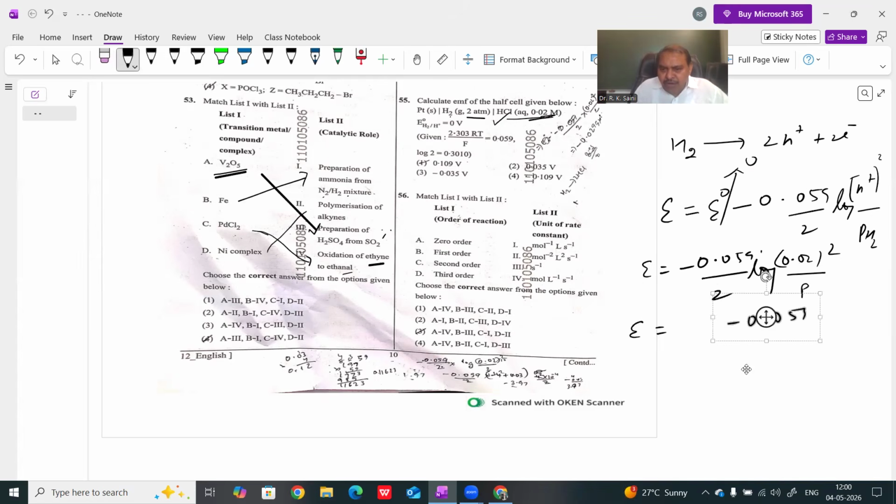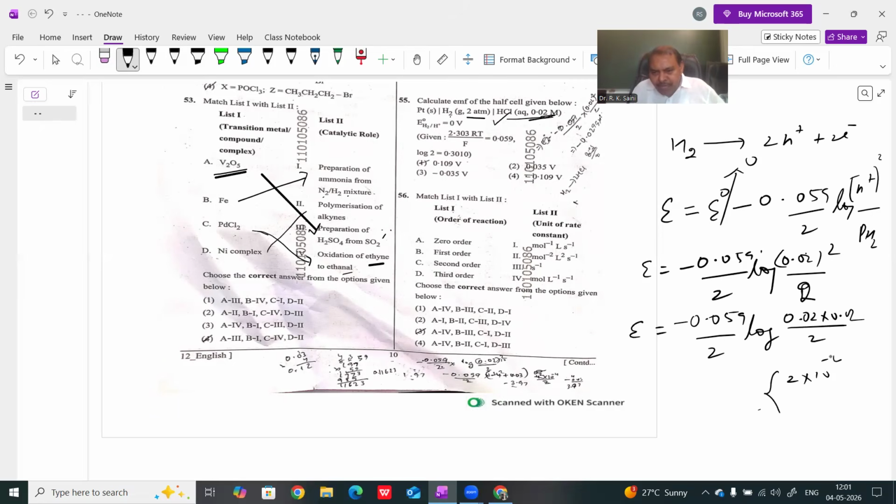Therefore, E equals minus 0.059 divided by 2 log of this value. The pressure of hydrogen gas is also 2 atm, and 0.02 into 0.02 divided by 2, and this value is 2 into 10 to the power minus 4.